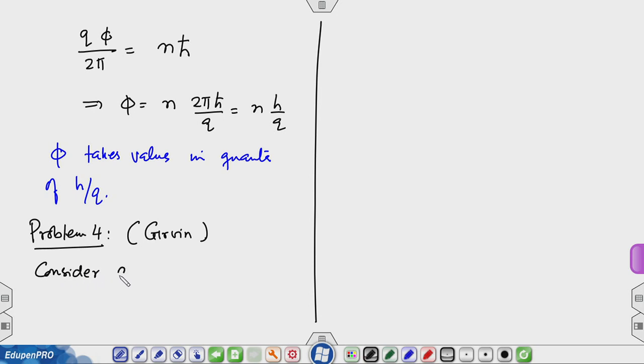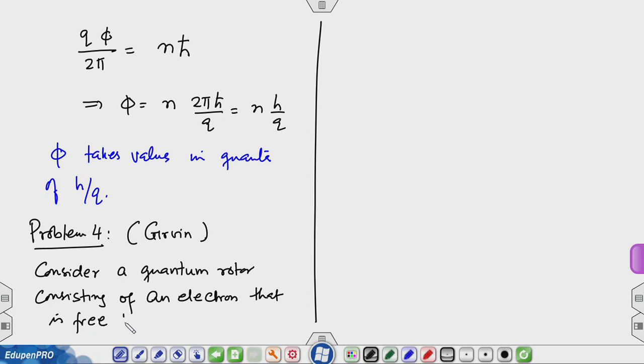Consider a quantum rotor consisting of an electron that is free to rotate around the z axis at a fixed radius r.